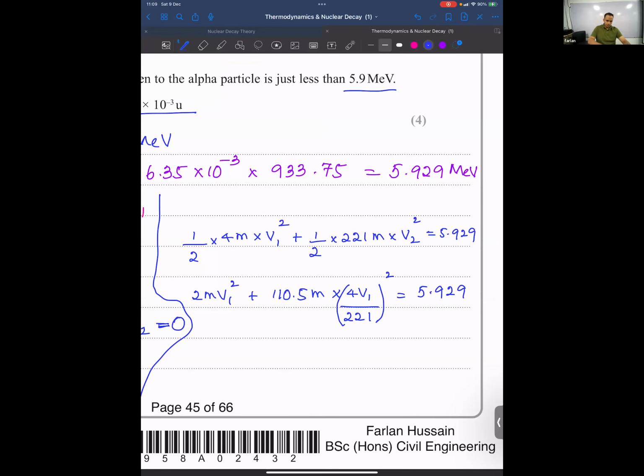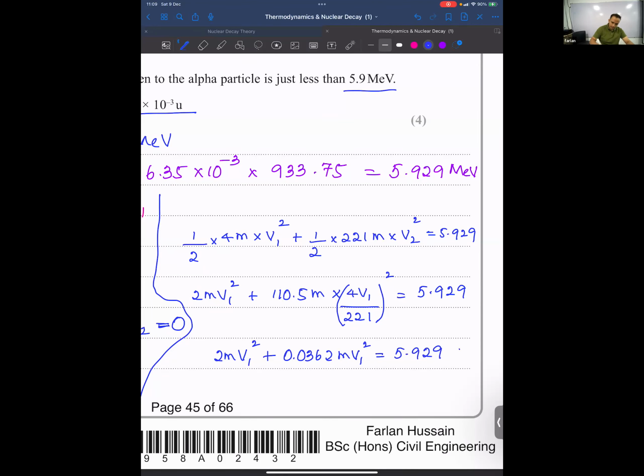Which is 110.5 into 4 square over 221 square, which will be 0.036. So this is 2m V1 square plus 0.036 into 2m V1 square. This is equal to 5.929.